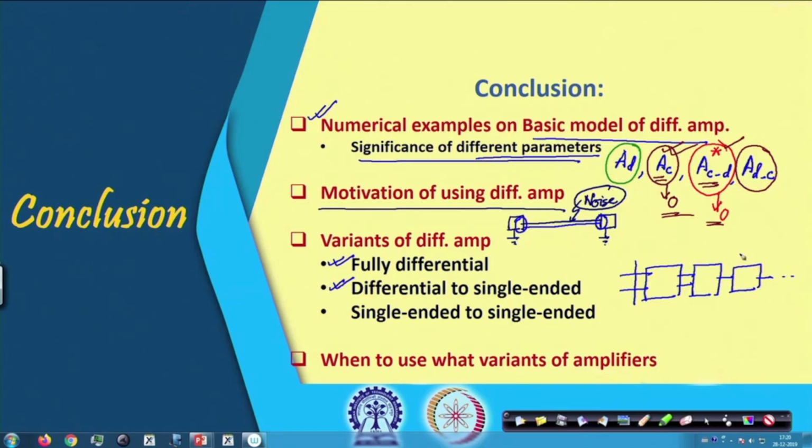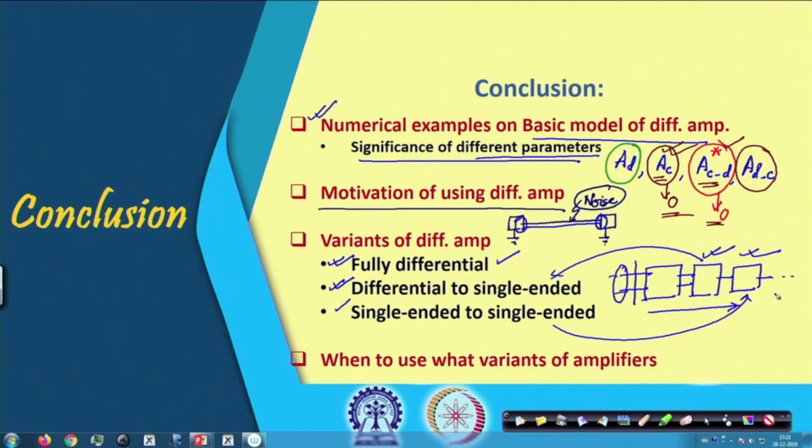This single ended form is important because it simplifies the circuit, but then we require this basic chain to convert the differential signal into single ended form. So, we have the fully differential amplifier, then the differential to single ended amplifier, and then the subsequent stages are single ended to single ended amplifiers.